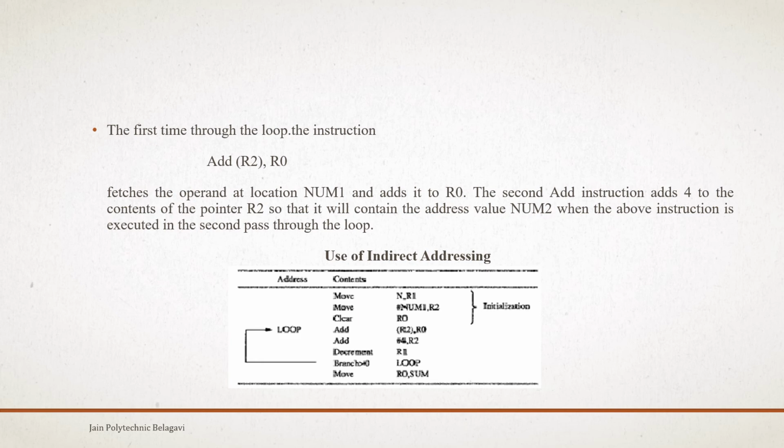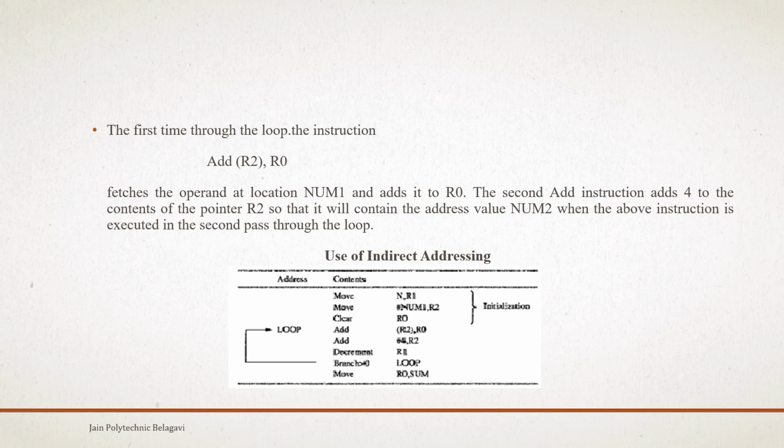So it performs a read operation on R2 and gets the address of the first number. After getting the address of the first number, as you can see there is a round bracket. The round bracket means it performs a second read operation. The second read operation will get the value that is present at the address num1. The value that is present at address num1 is the first number. After getting the first number, it gets added to R0.